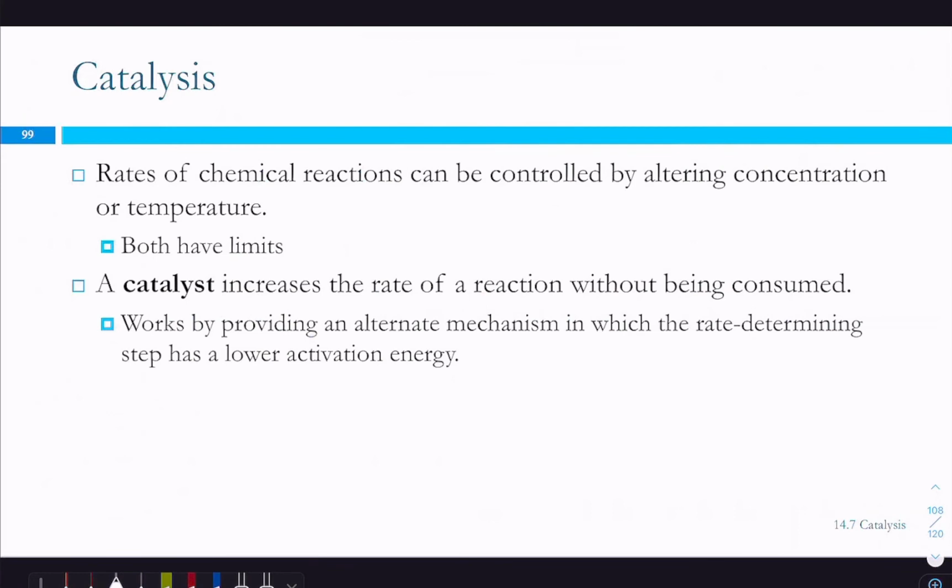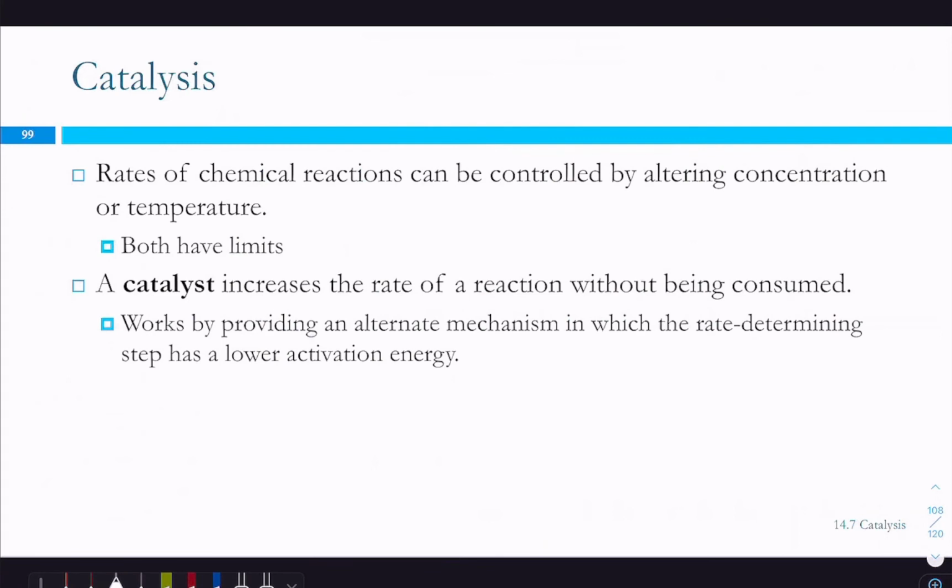And so the much, much easier thing to do is use a catalyst. So instead of throwing in lots of material, turning the temperature way up, which the other thing that can happen is if you turn the temperature up too high, now you have a lot of energy, and you can have unwanted reactions take place.